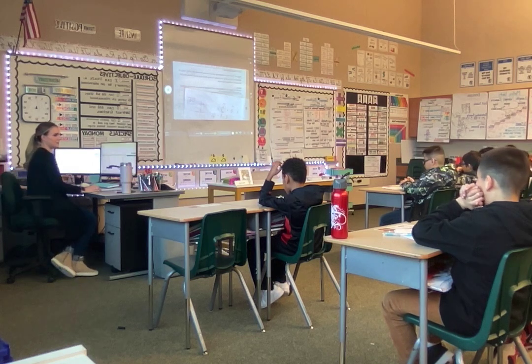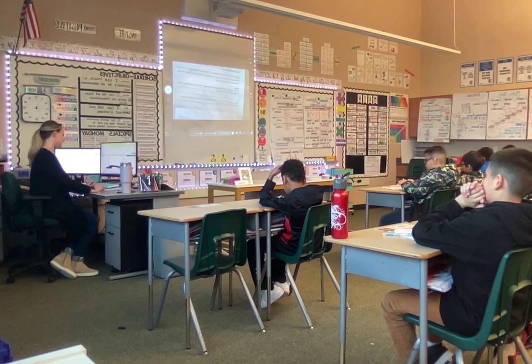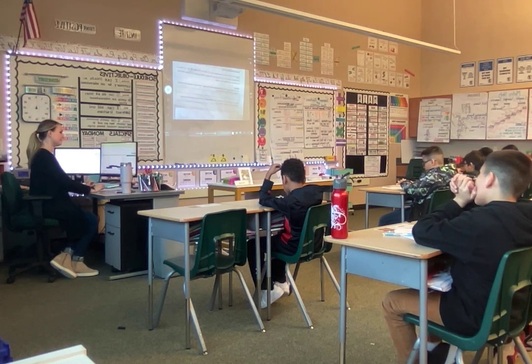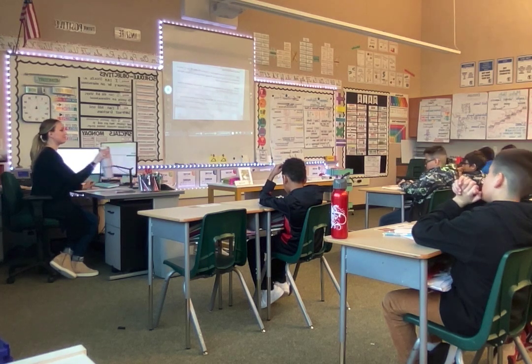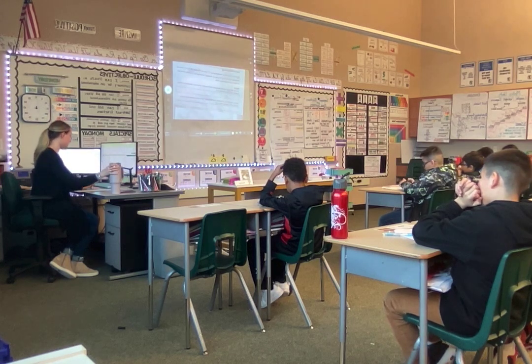Does that make sense? Actually, no, because it said it needs to be a mixed number with the denominator of 8. Can we do that? How? Multiply the 4 by 2.